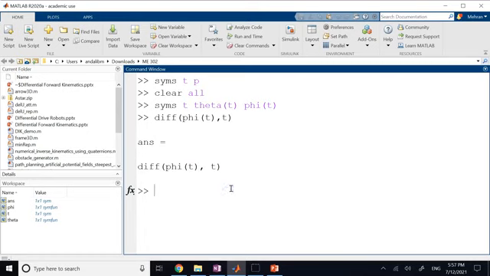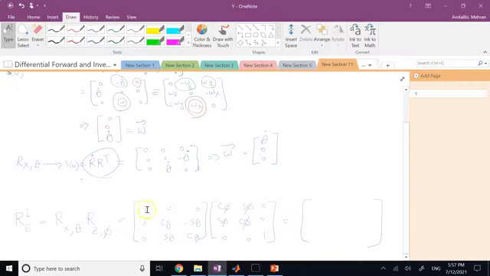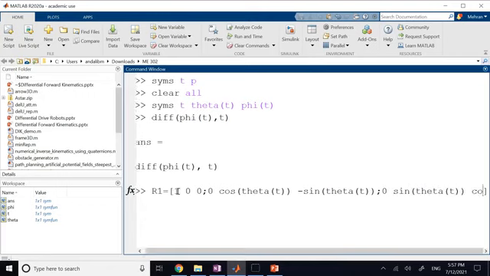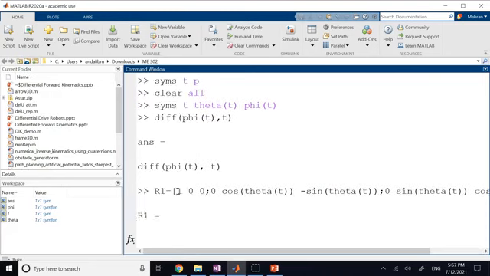Good. Now that I define it that way, I say R1 is equal to, and then I define this matrix, correct? So that's 1, 0, 0, and then 0, cosine of theta, negative sine of theta. Then you have 0, and then sine of theta and cosine of theta.